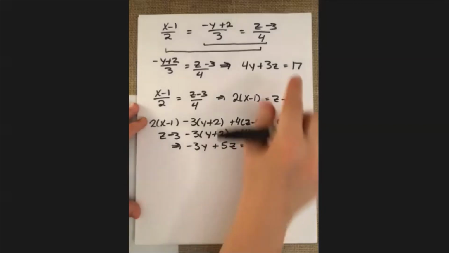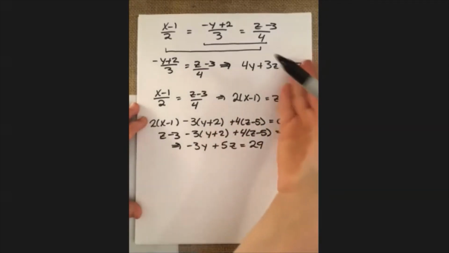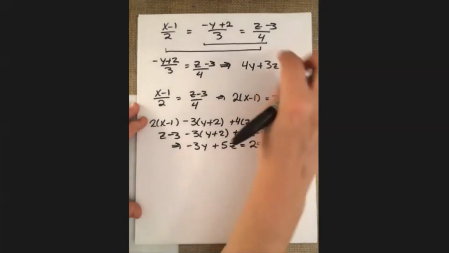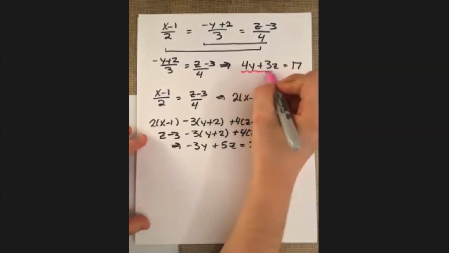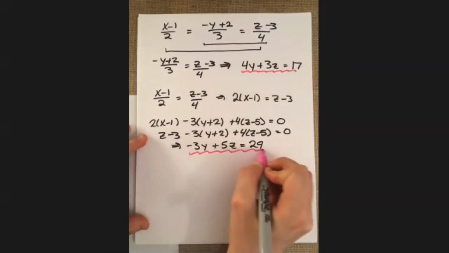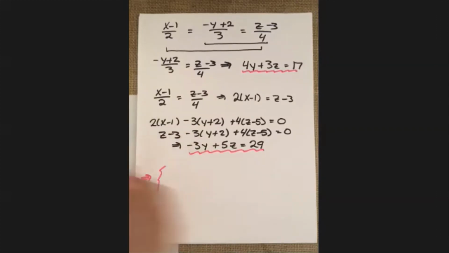Well, I said when I was looking at this that if I had another equation that had only y and z in it, I could use that to solve for y and z. So I'm going to put these two pieces of information together and solve for y and z.